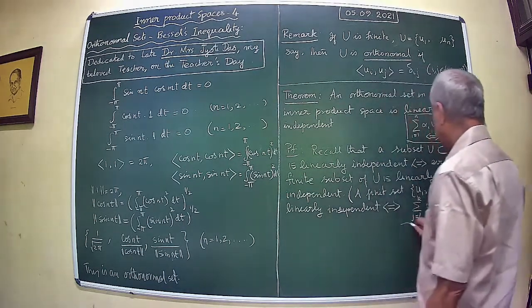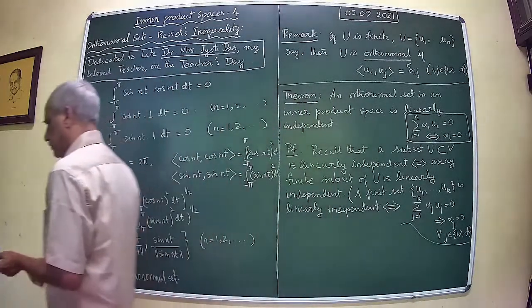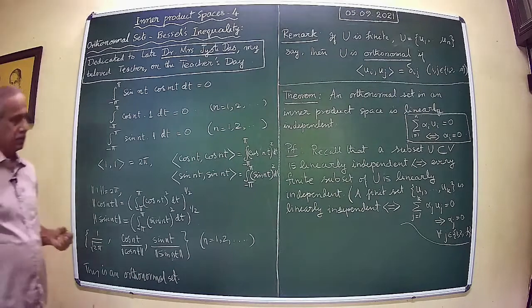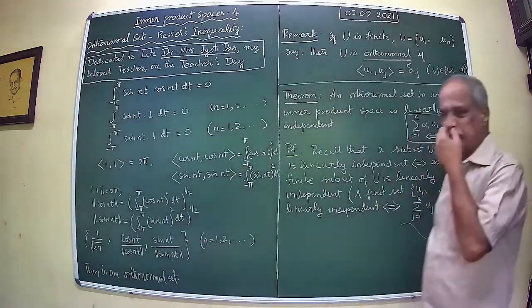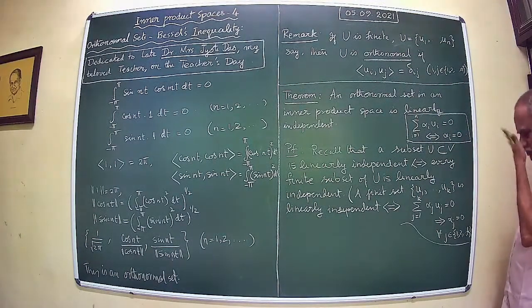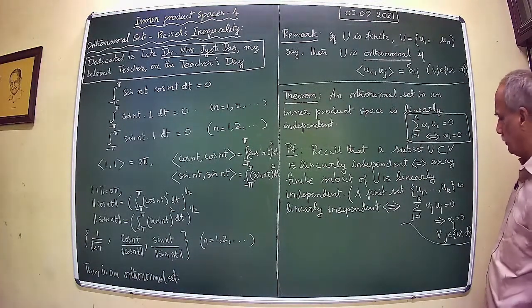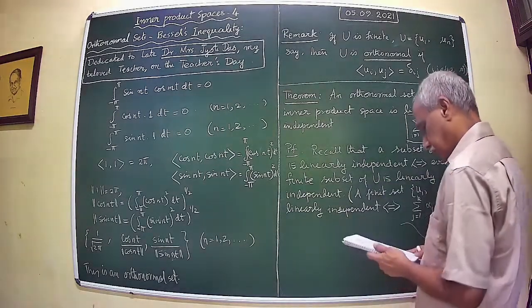So that is the definition of linear independence for a finite set, where of course the alpha_i's are real or complex numbers, since we are working in the context of inner product spaces. This is a very general definition.